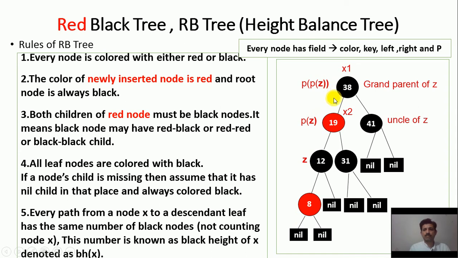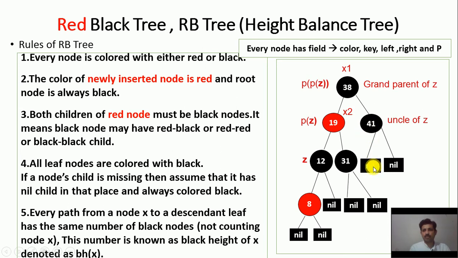If you choose any path, the number of black nodes will be the same. So if we choose 38, 19, 12, 8, and then the last nil child, here we are getting two black nodes. We will not include X itself: the color of X is not included if we start traversing from node X to its leaf node. If we choose from node 38, 41, and then nil, 41 and nil are black.